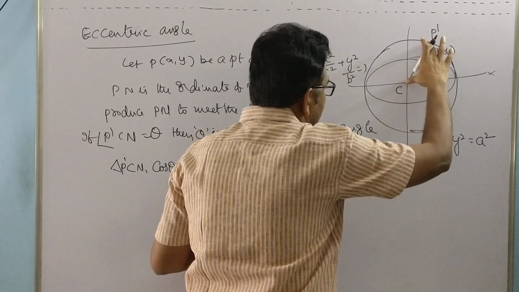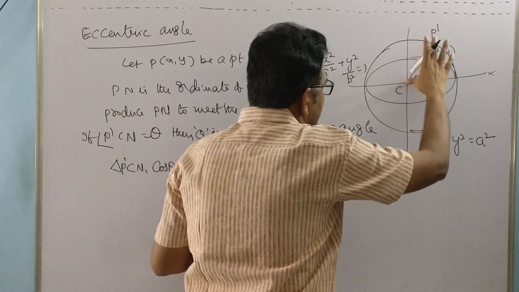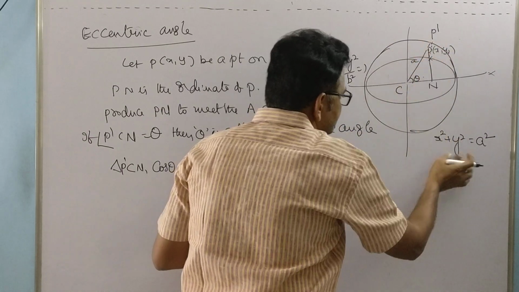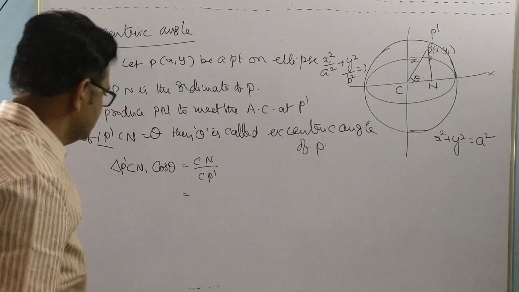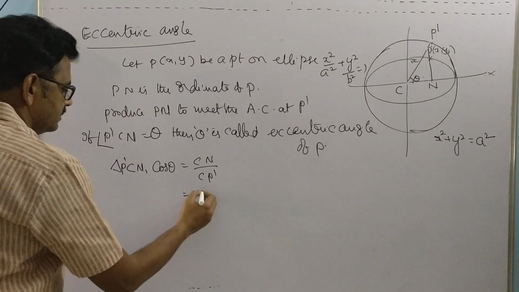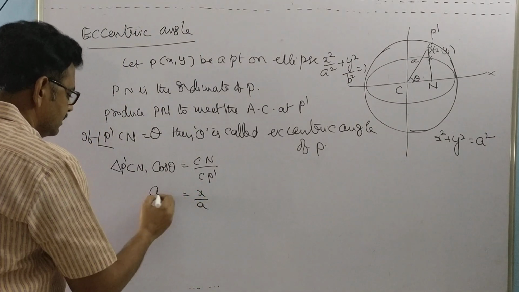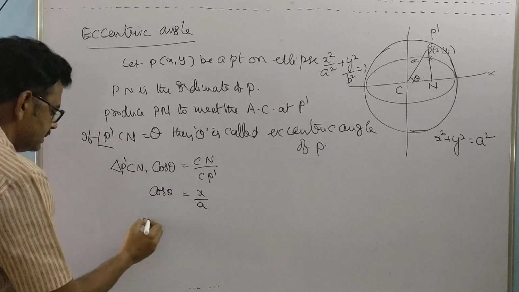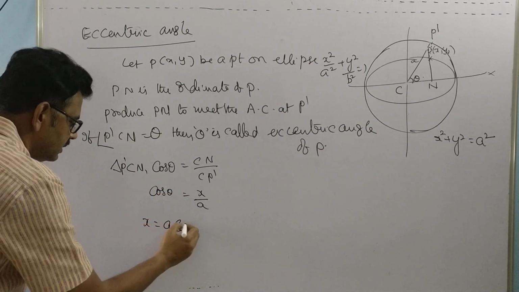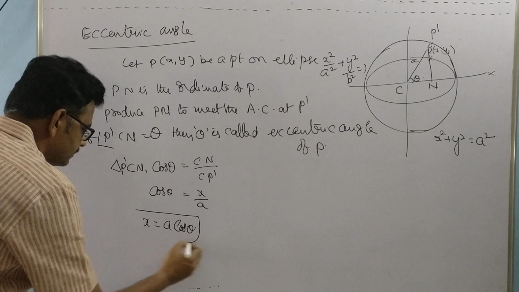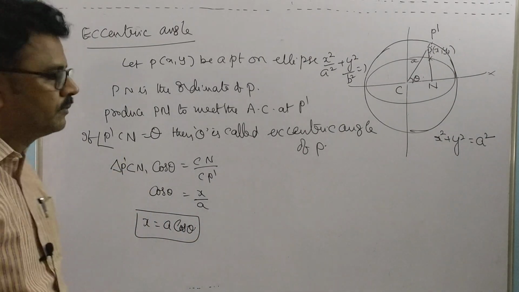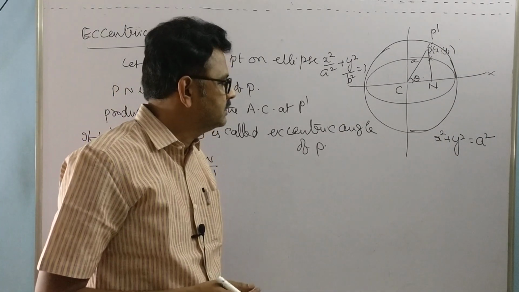And CP dash is what? The radius of the auxiliary circle, which is a. That is equal to x by a. Cos theta equal to x by a, implies x is equal to a cos theta.